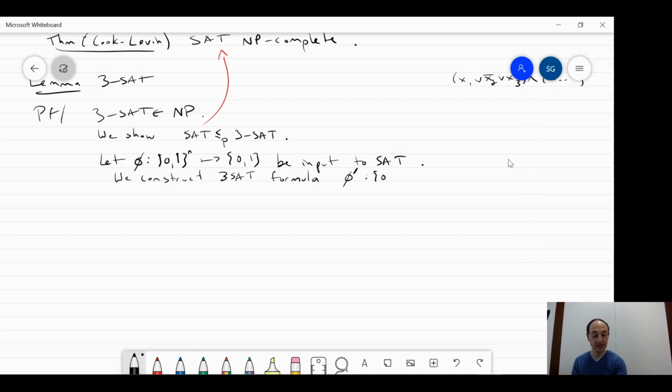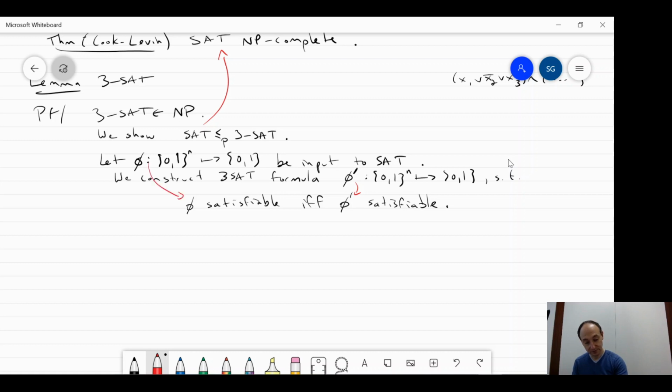It's going to act on the same number of bits, but the number of clauses will change, such that, and here's the key property, phi is satisfiable if and only if phi prime is satisfiable. So here's phi prime, and here's phi.